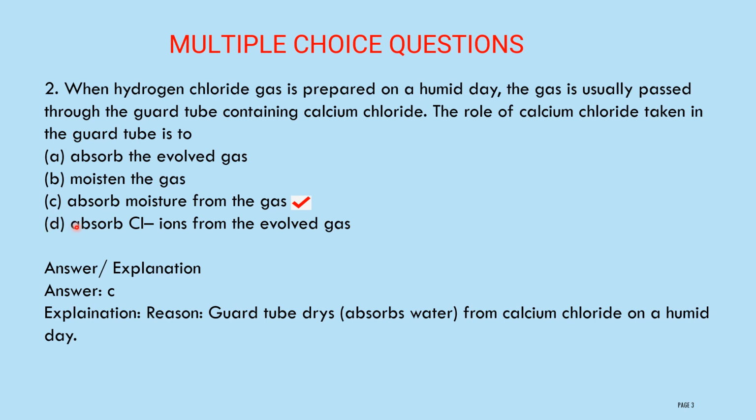Option D, absorb chlorine ions from the evolved gas. The correct reason for this question is it will absorb moisture from the gas. The guard tube with calcium chloride absorbs water on a humid day. Therefore, the correct answer for this question is option C.